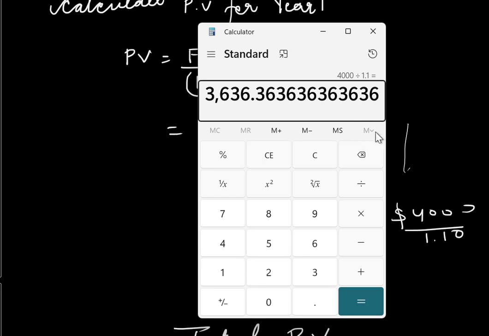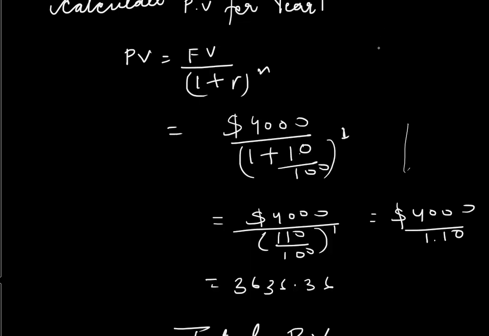This is for 1 year only, so we need this value, and it's 3,636.36. So you have to write at least two decimal values.